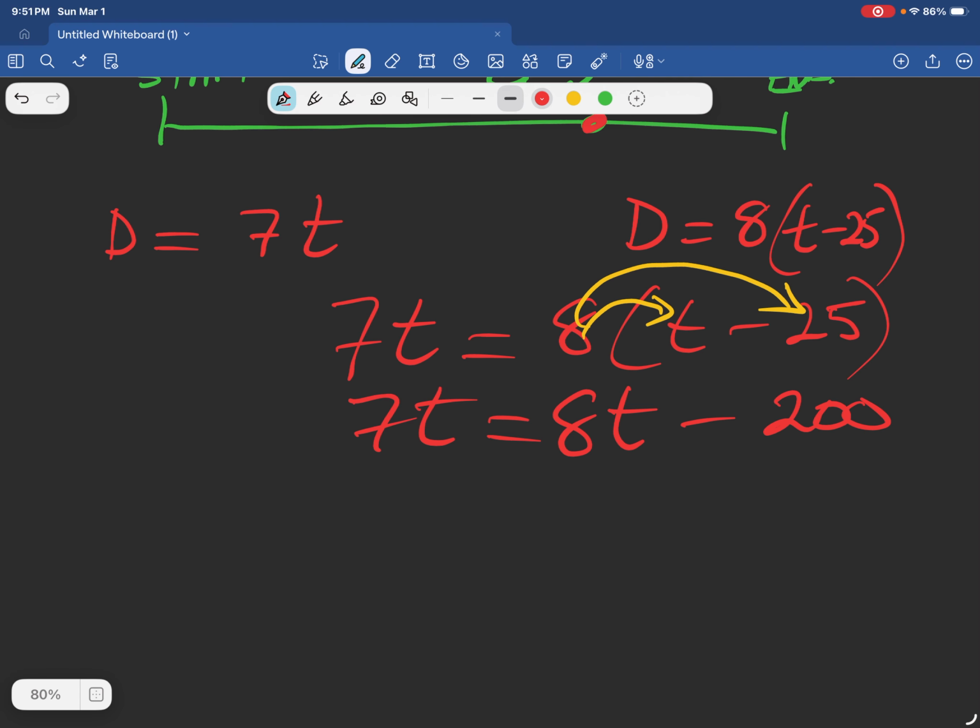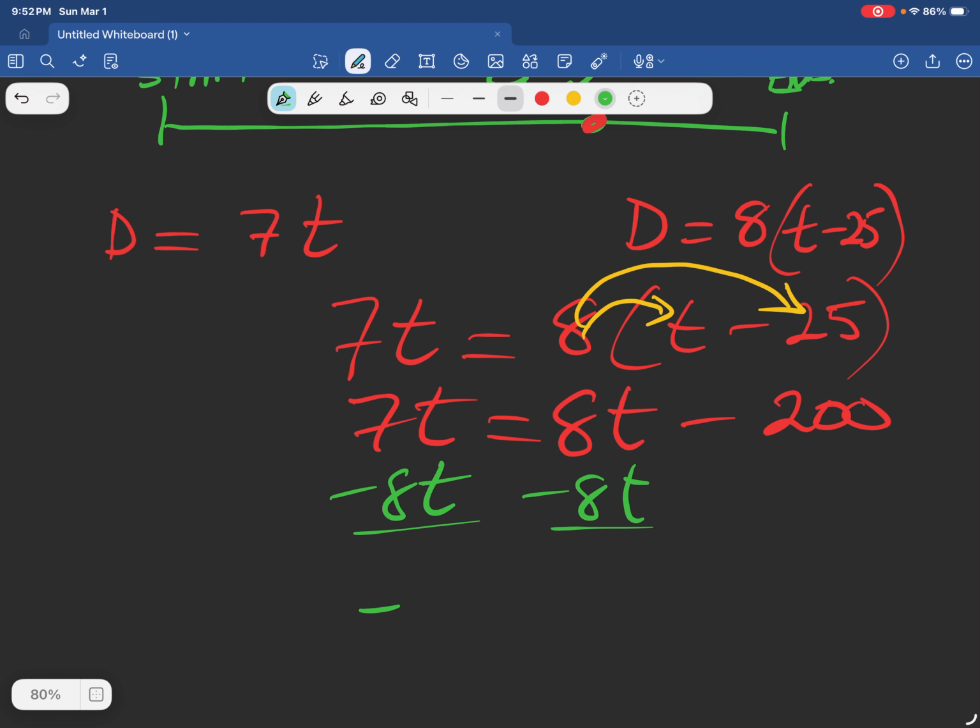The next thing that we do is we isolate the variable on one side. You can do any side, but let's go ahead and do this. 8t minus 8t, we subtract the same thing from both sides.